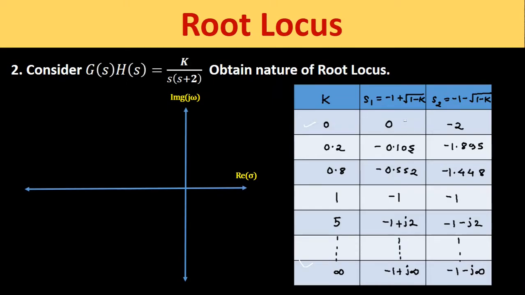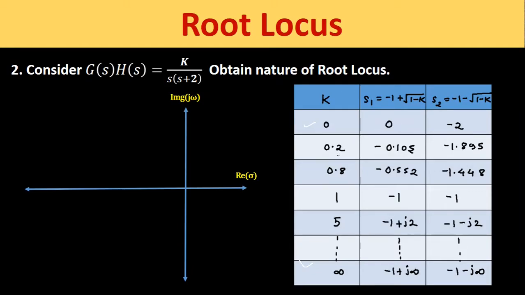Here we are getting s1 is equal to 0, and when we put K is equal to 0 in the value of s2 we are getting minus 2. So first we will see the s1 values. When K is equal to 0 we get s1 is equal to 0.